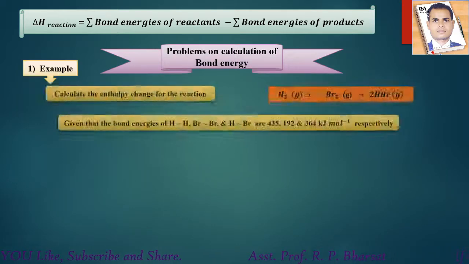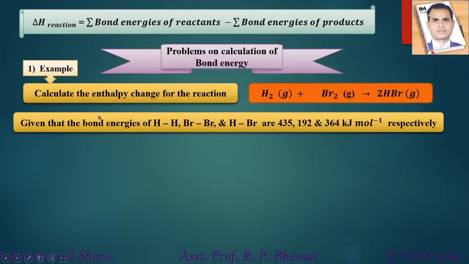Calculate the enthalpy change for the reaction. The reaction is given: H2 in gas form plus Br2 in gas form gives 2HBr in gas form.